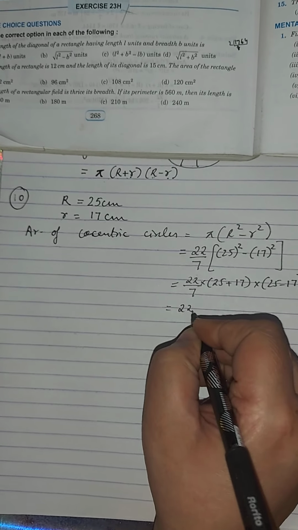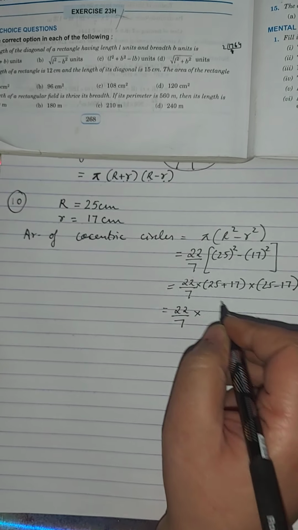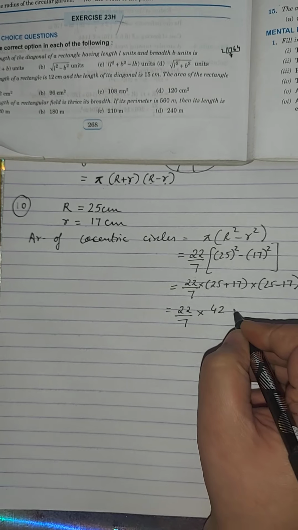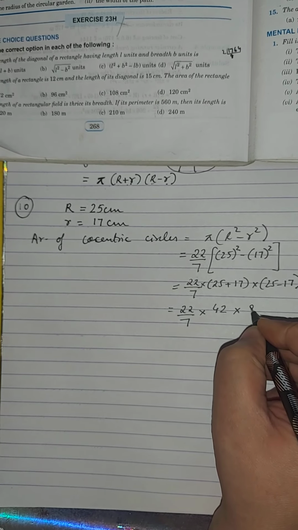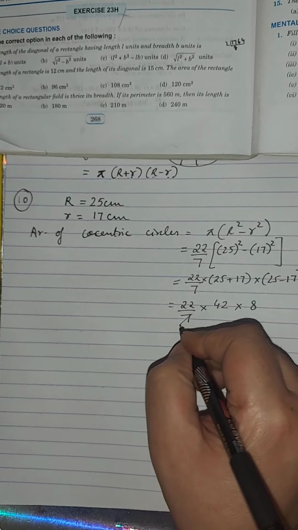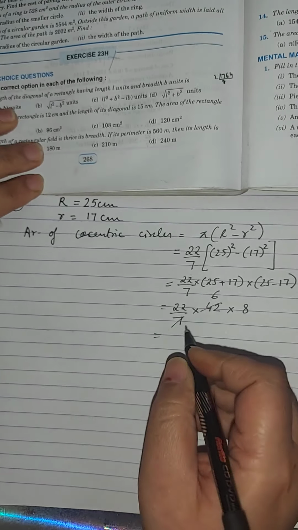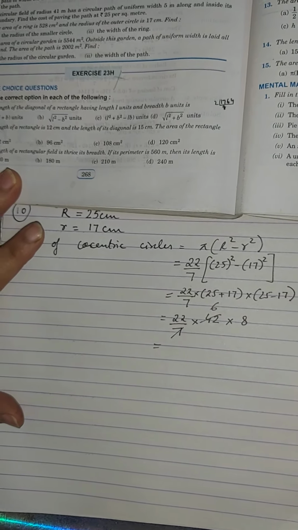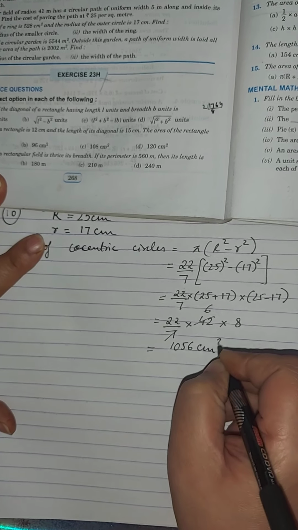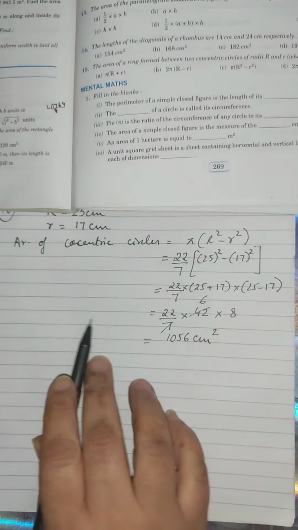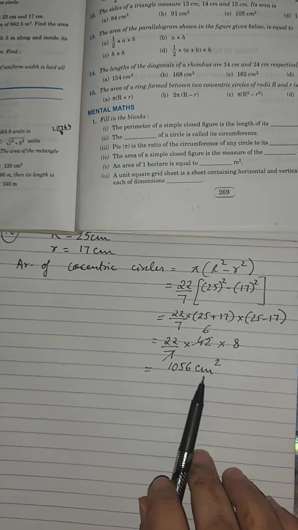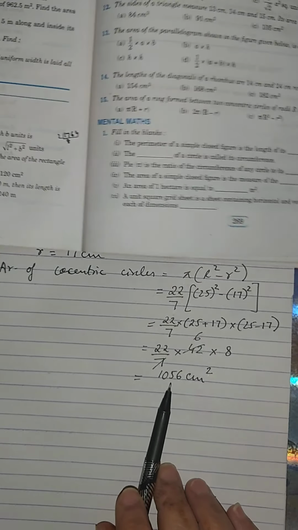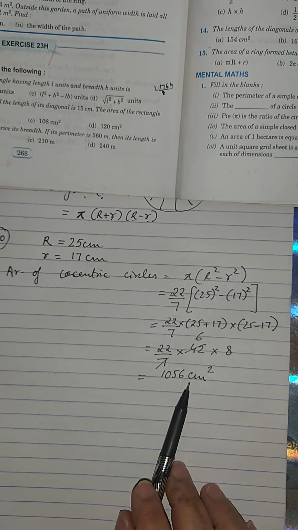So 22 upon 7, 25 plus 17 will be 42, into 25 minus 17 equals 8. So 7 6 are 42. Now you will multiply 22 into 48. After multiplying, we get 1056 centimeter square. So this is the area of the concentric circle: 1056 centimeter square.